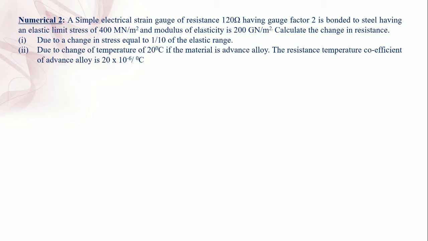Based on that we have to find out the change in resistance, where the change in stress is 1/10 of the elastic range, and the temperature change is 20 degrees in the material, which is an advanced alloy, and the resistance temperature coefficient of the advanced alloy is also given. Now we will see how this problem is being solved.